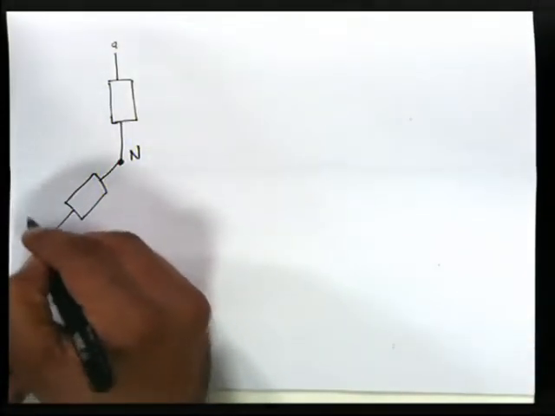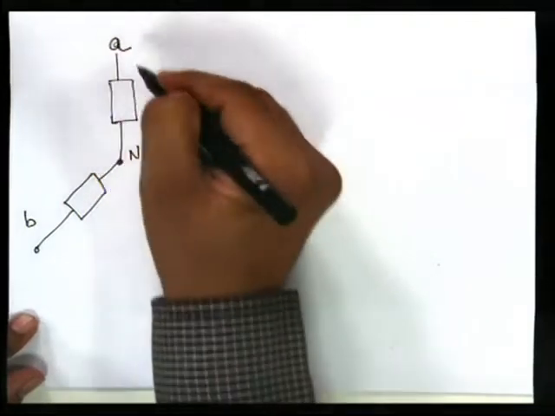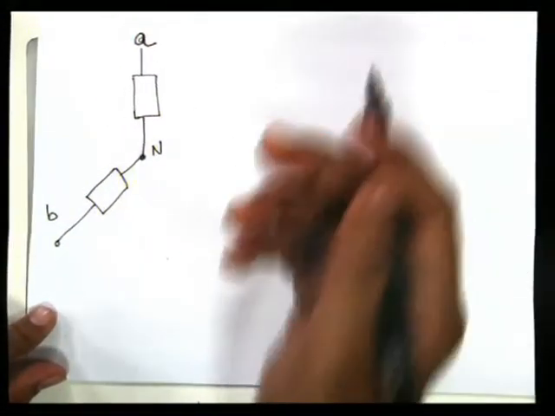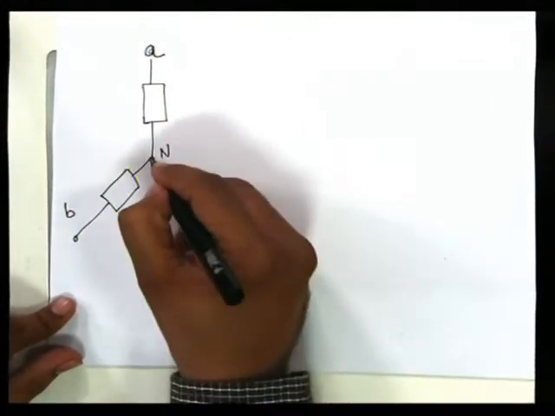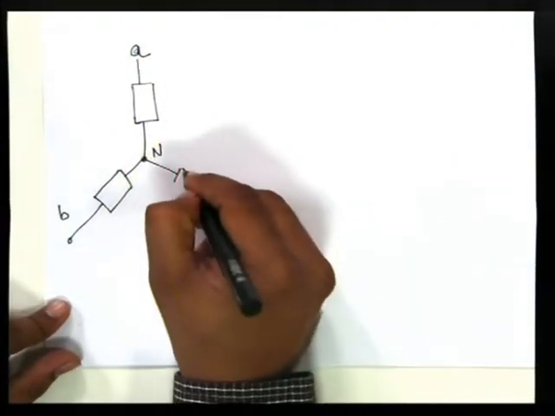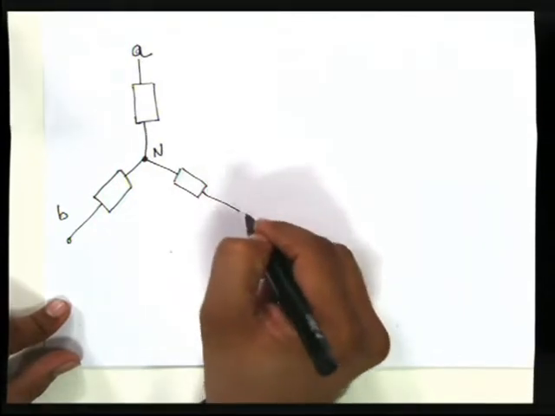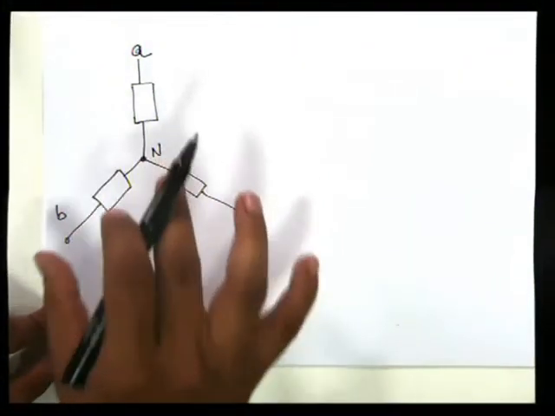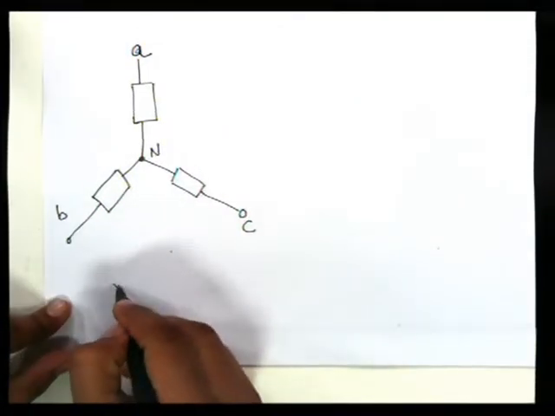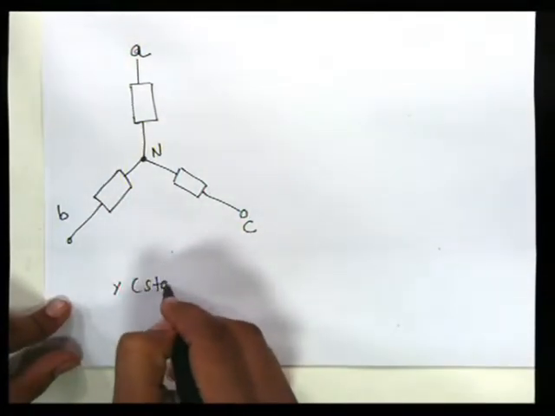The second one, suppose it is A, this is B, and here is the phase C. So this looks like a Y type, that's why it is called Y or star.